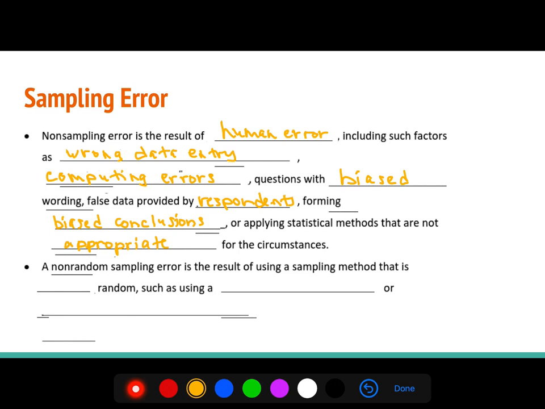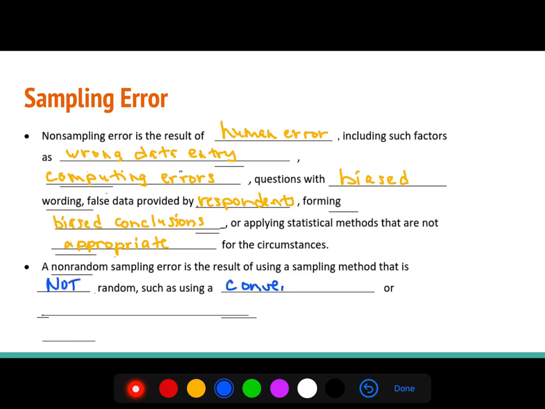Forming biased conclusions. Maybe you were sponsored by the Dairy Farmers Association, so you boosted the data to really help the dairy farmers. Or maybe you just didn't even use the appropriate statistical method, which would be maybe you sat over there and tried to average Social Security numbers or something.